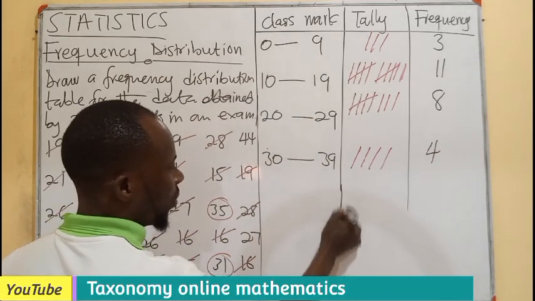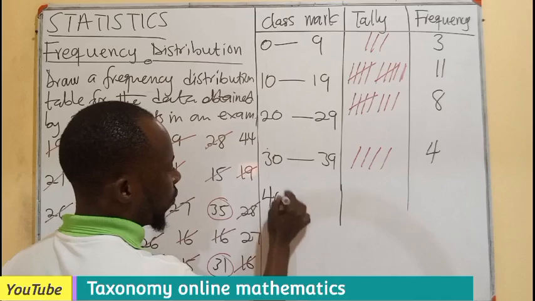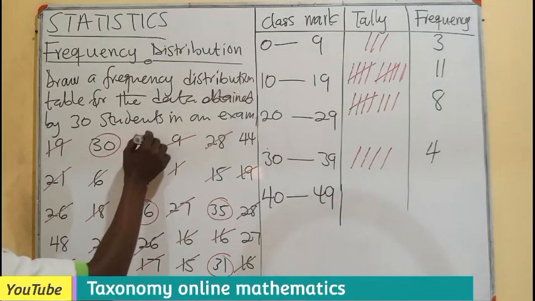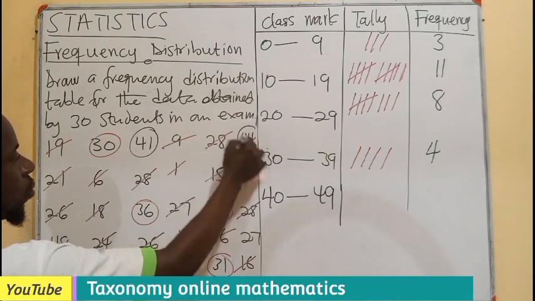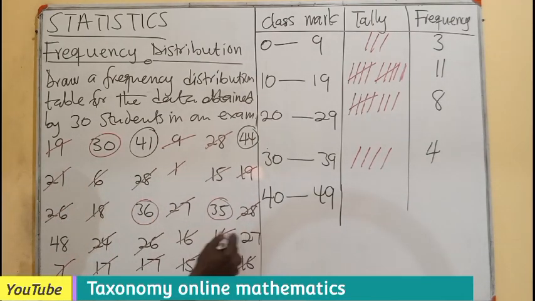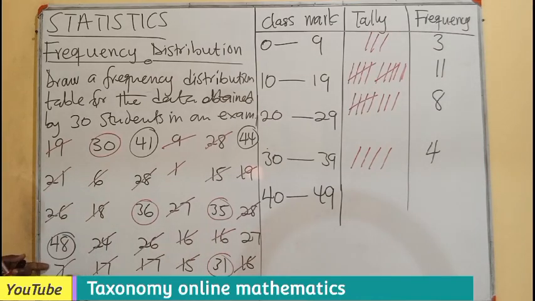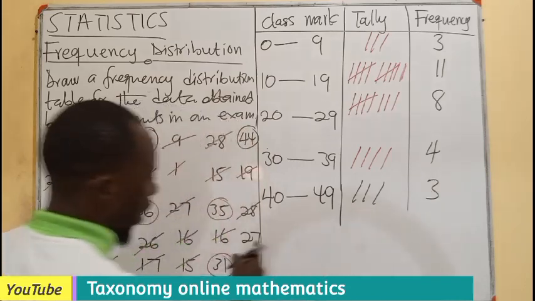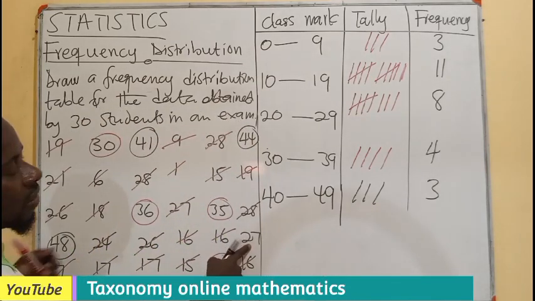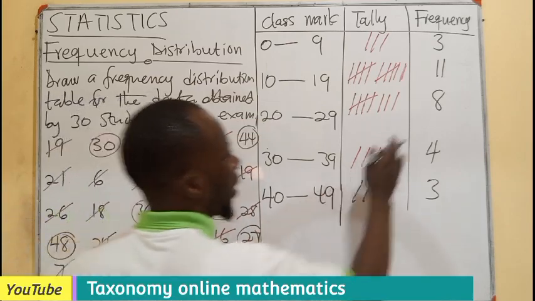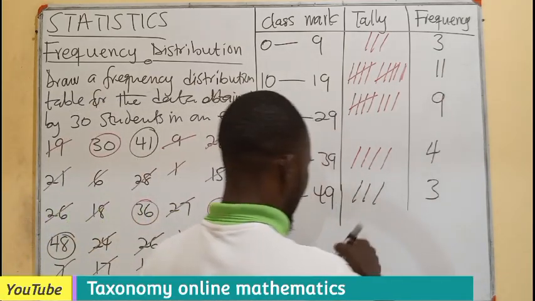So this is going to be an extension of 40 to 49. So I'll be having 1, 2, 3. So I have 1, 2, 3. Don't forget we have this one left, which is in this range. So we can add that one, making it 9.